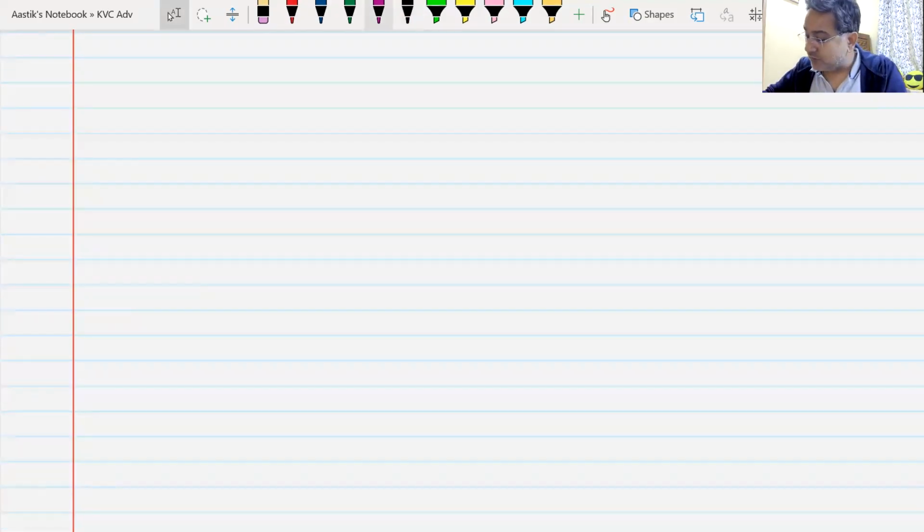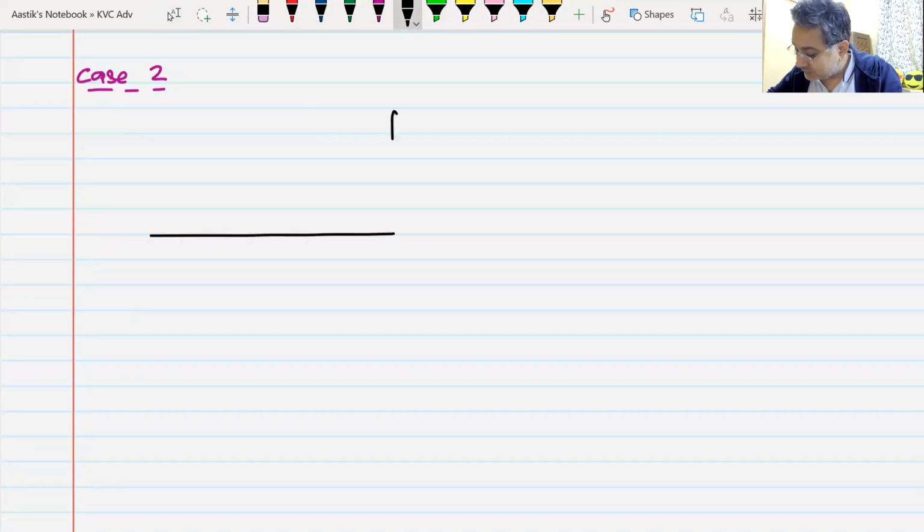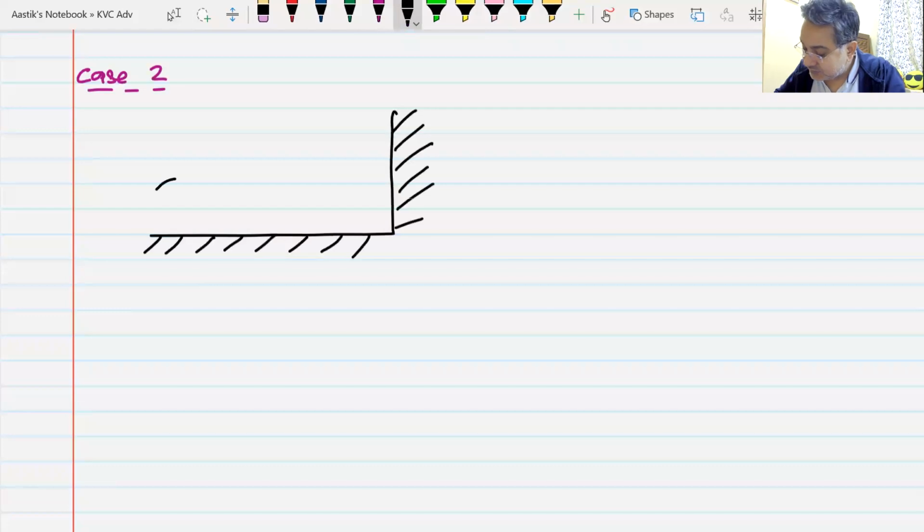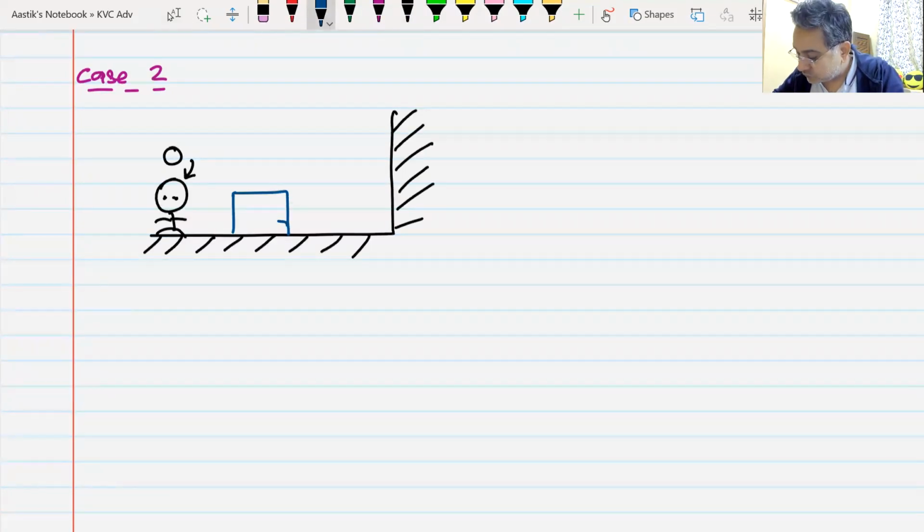Then we can do one more case here. Case number 2 of reflected sound. Again, everything depends on how the source and the observer are placed. Let us say this is an observer which is stationary and this is a source S that is moving with a speed Vs towards a wall.